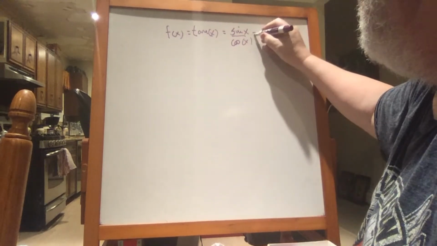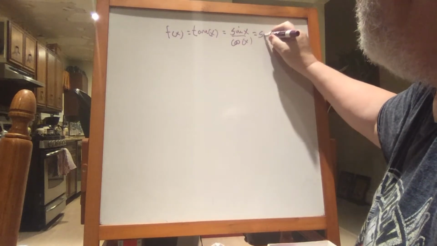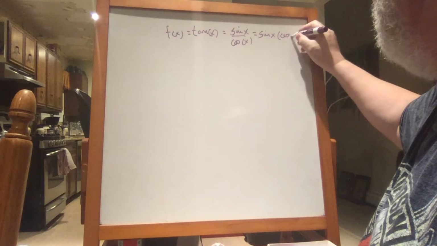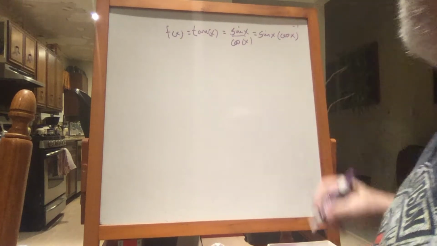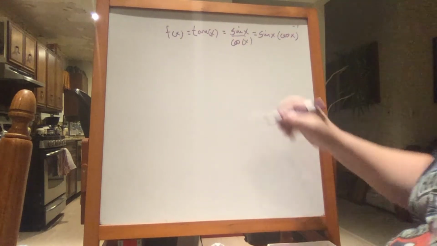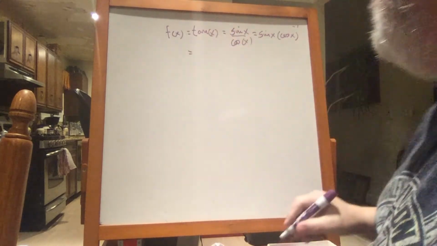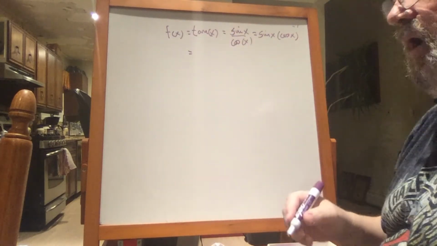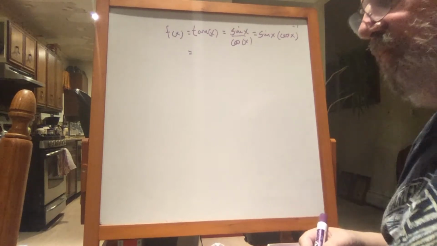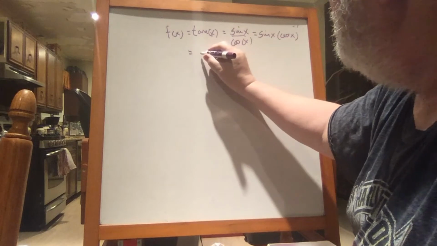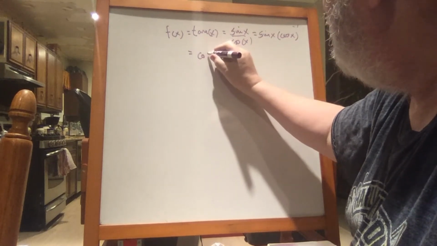And that's equal to the sine of x times the cosine of x to the negative 1 power. So now we use some of those power rules that we learned with the polynomials.